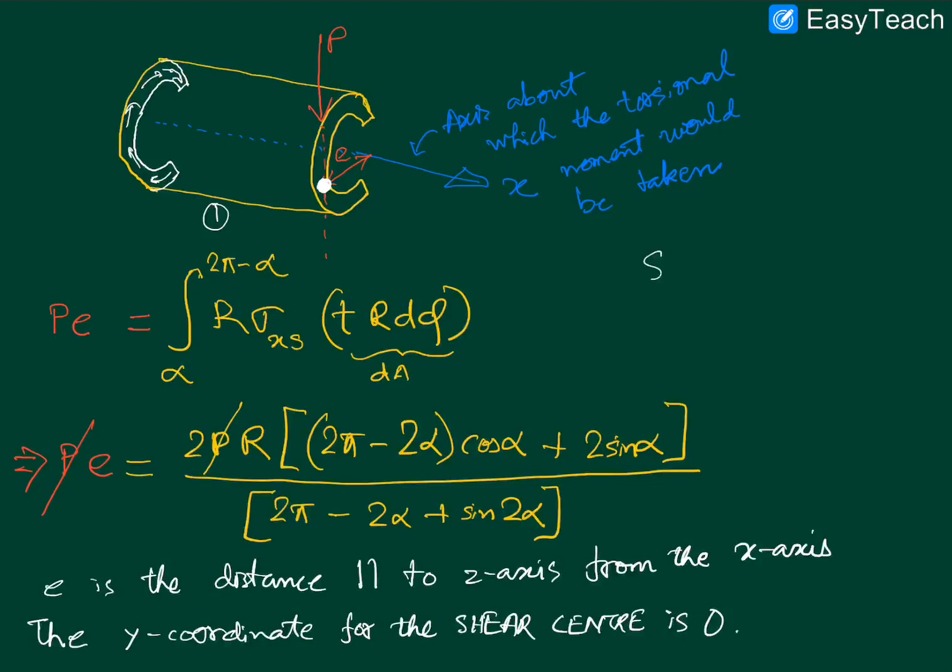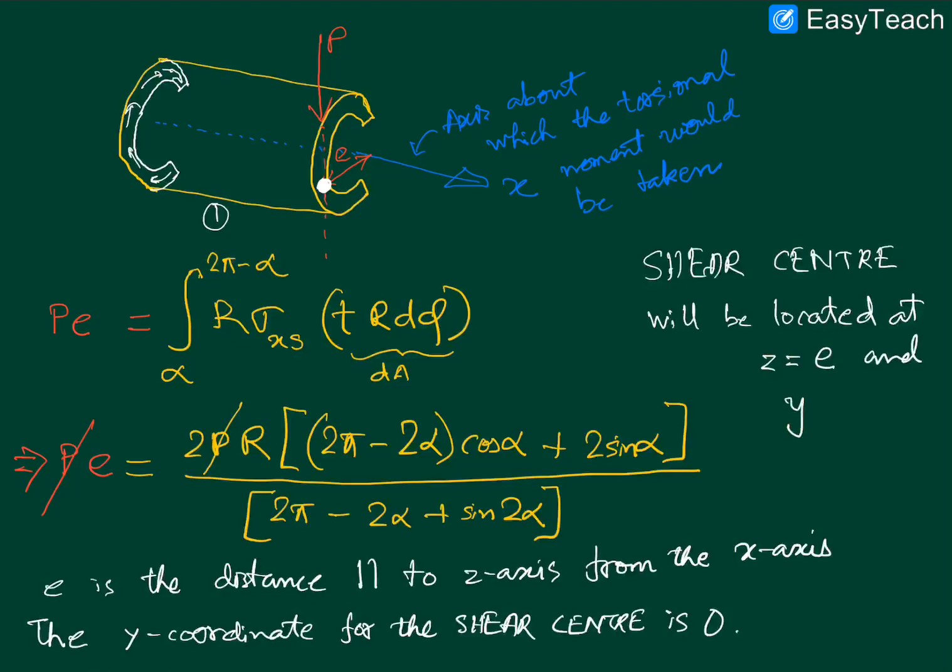So ultimately what we can say is that the shear center will be located at z equal to E and y equal to 0, where the expression of E is given by this huge expression.